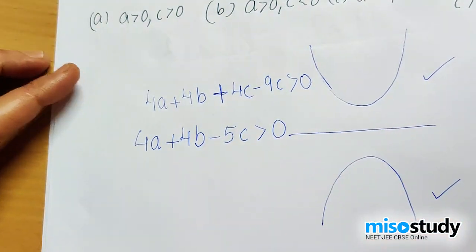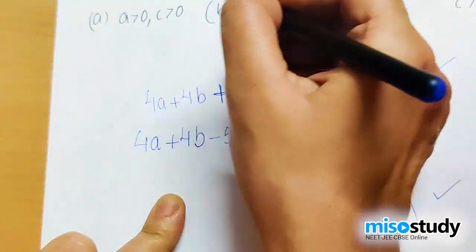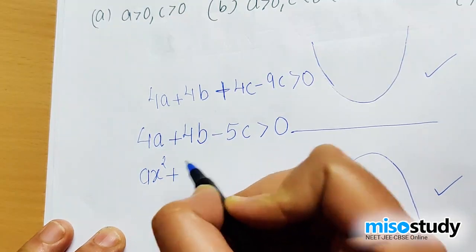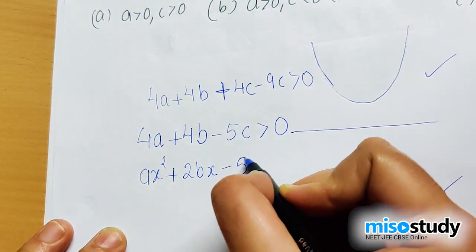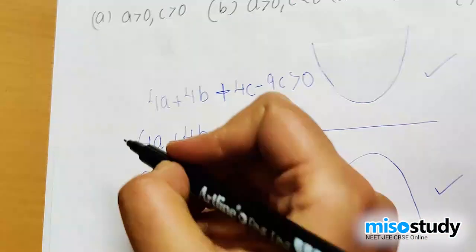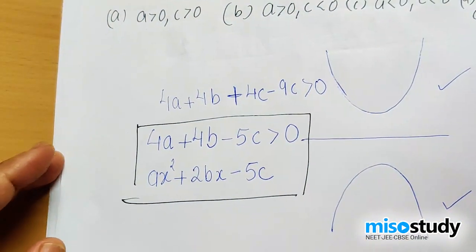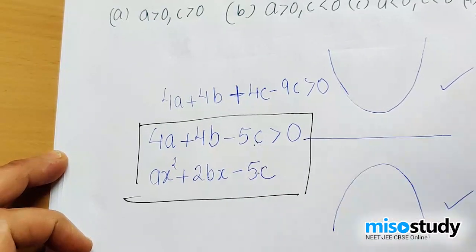Yes or no? Now if I compare these two equations, this one as well as the given quadratic, what is common between the two? On comparison, I find out that the two are same.